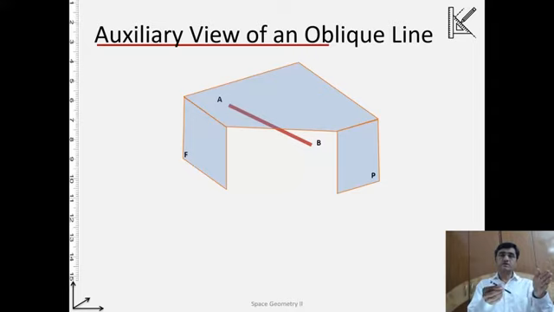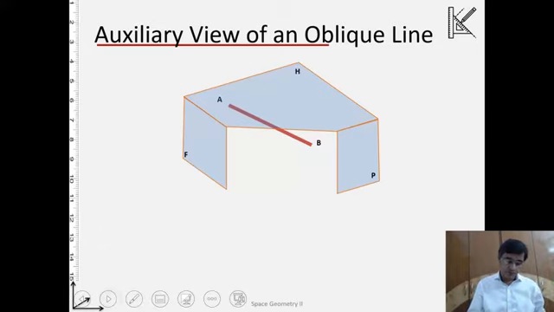In any of these planes, the projection of this line is foreshortened. We are trying to identify another plane which is parallel to this. How do we locate that? That is the idea. So if we draw the projection of this line on the frontal and on the horizontal, that is how the projections will appear.